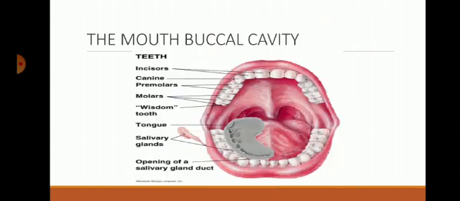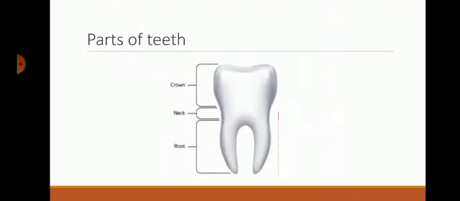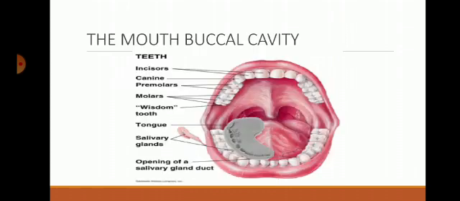These teeth vary in appearance. Each tooth is rooted in a separate socket in the gum. There are four types of teeth: incisors, canines, premolars and molars.